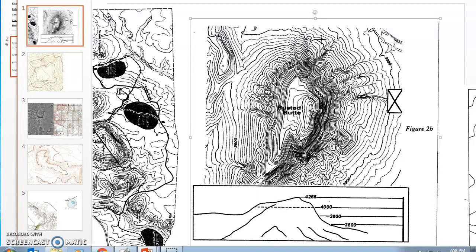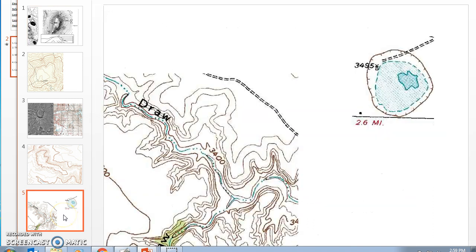But in particular, we know they're increasing as you go up because they get to circles. Circles are either going to be peaks at the very top of something, or they're going to be a low spot. If they're a low spot, they will have hachures. This, for example, was a piece cut out of a map, but this is a pond.